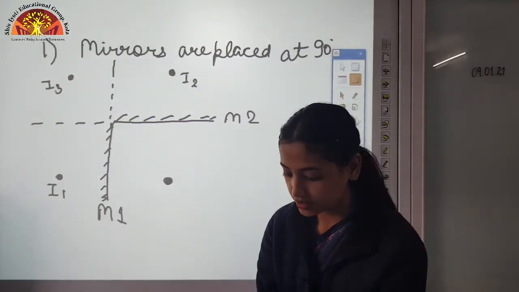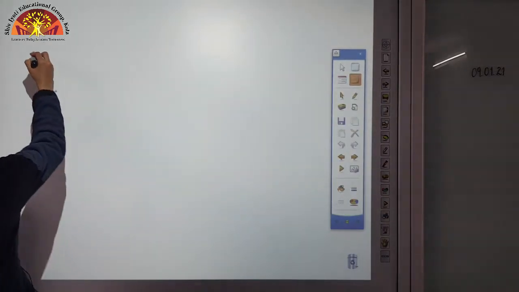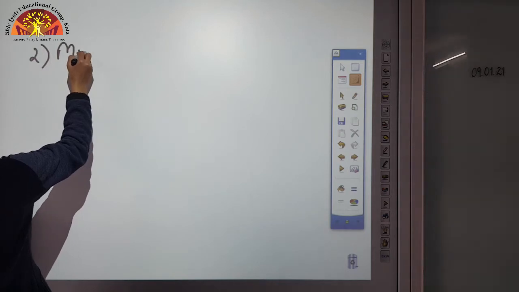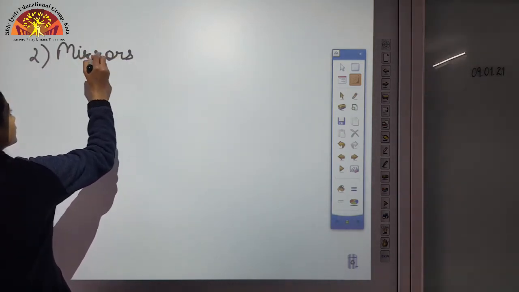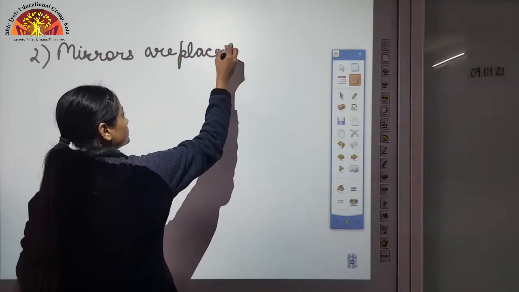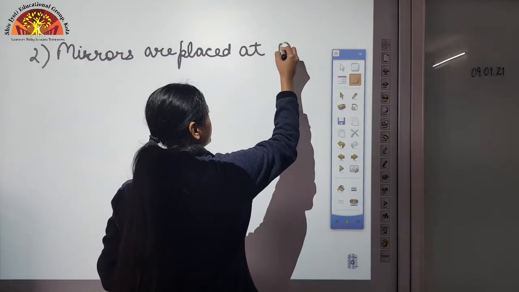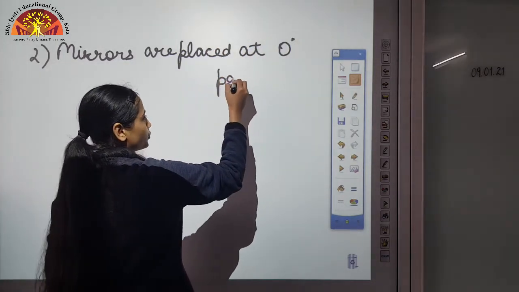Then the second case is when mirrors are placed at 0 degrees, or we can say parallel to each other.